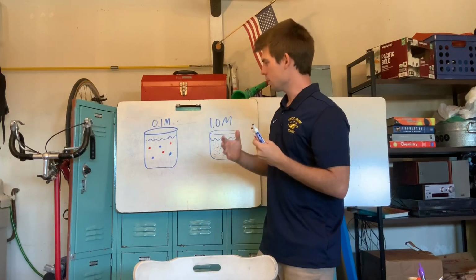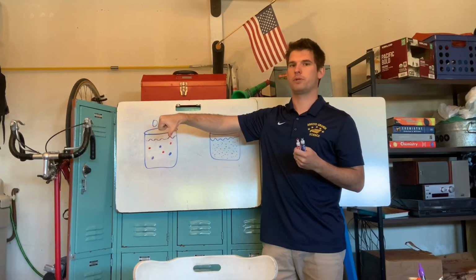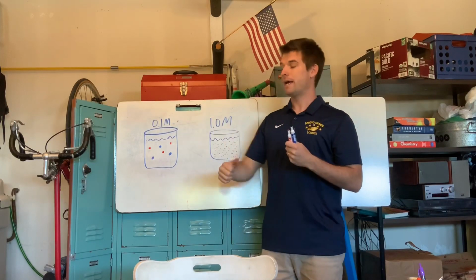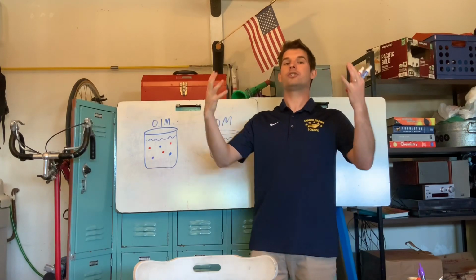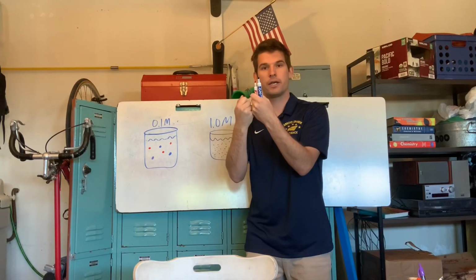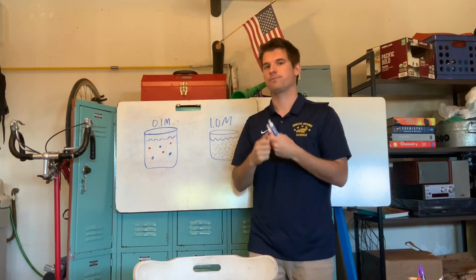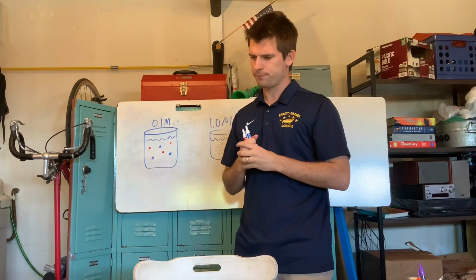The lattice energy drops the temperature because energy is required to break the bonds, and hydration energy increases the temperature because energy is added as the water and the sodium and the water and the chlorine are attracted to each other.